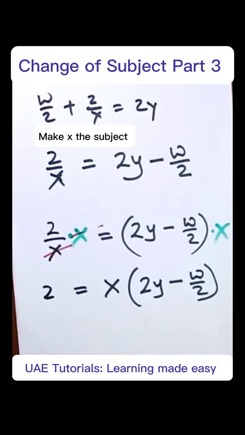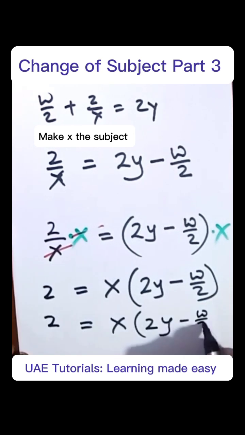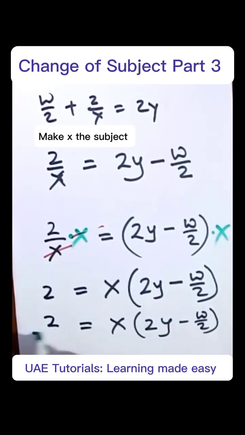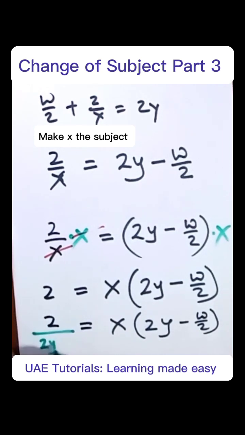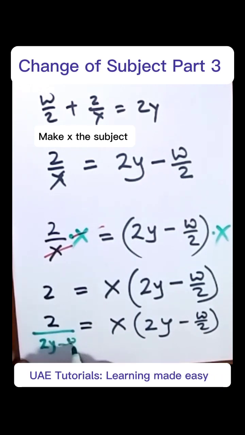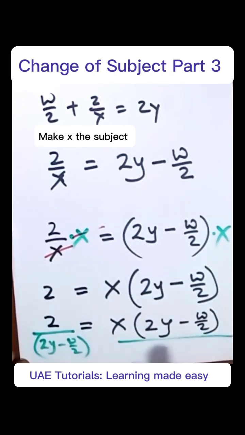So all I will simply do is divide the left hand side by 2y minus w over 2, and also divide the right hand side by 2y minus w over 2.